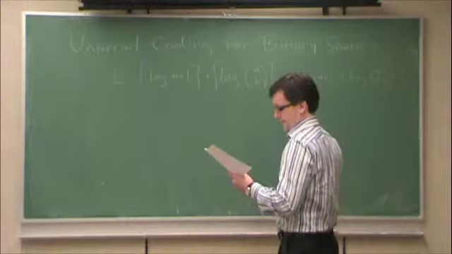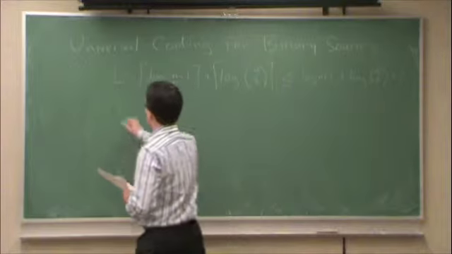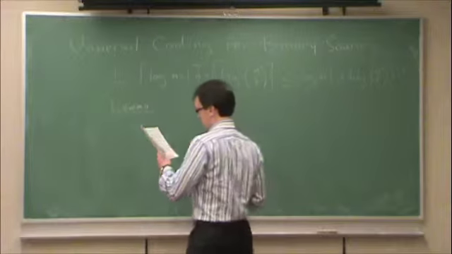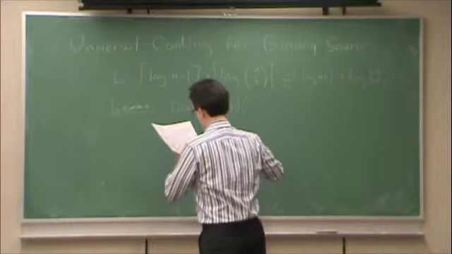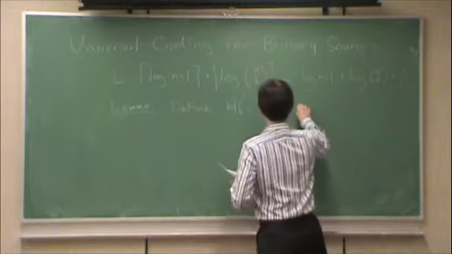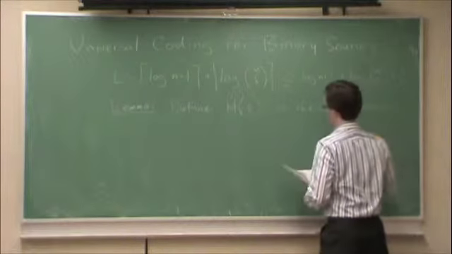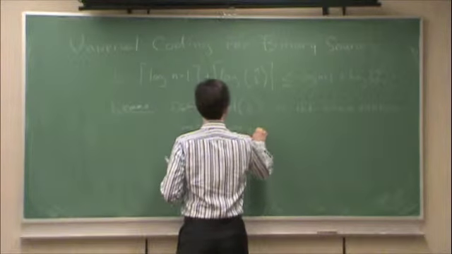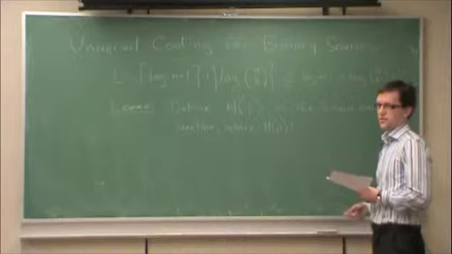All right, there's a lemma which we will not prove. Define h of p as the binary entropy function, where h of p is basically the entropy of a binary source where p is the probability of 1.